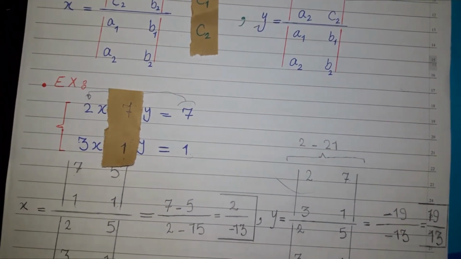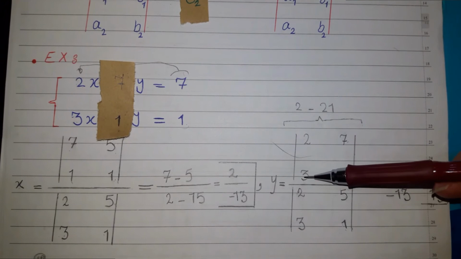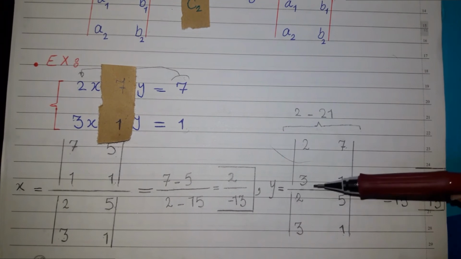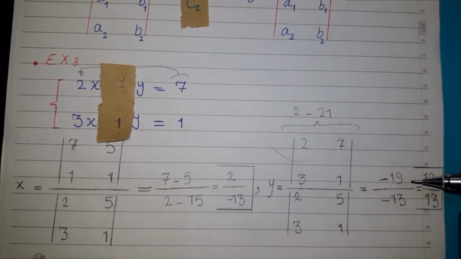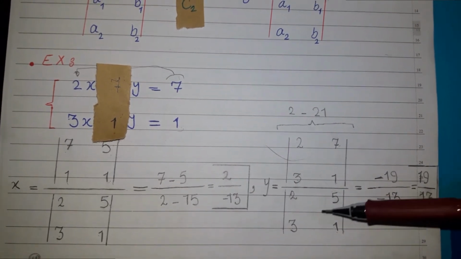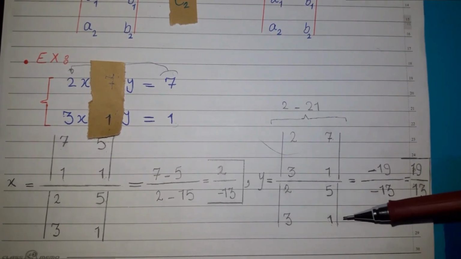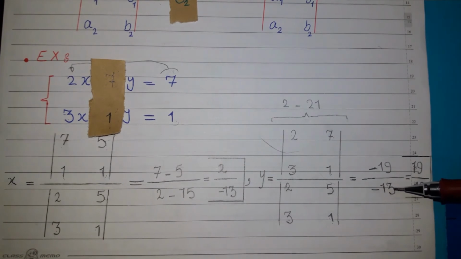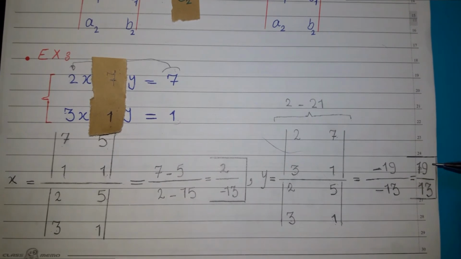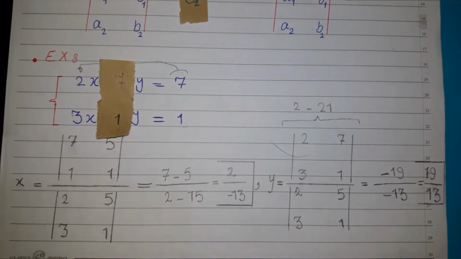The determinant is 2 times 1 minus 7 times 3, which is 2 minus 21, which is negative 19. Our denominator is 2 times 1 minus 5 times 3, 2 minus 15 equals negative 13, and overall negative 19 over negative 13 is positive 19 over 13.